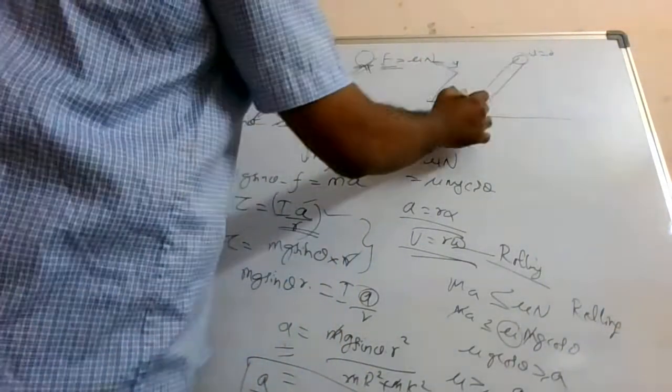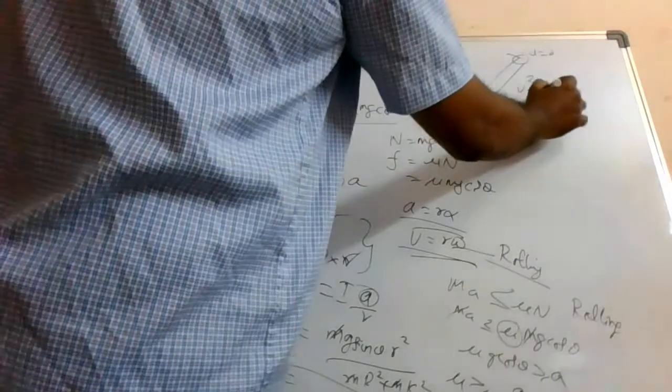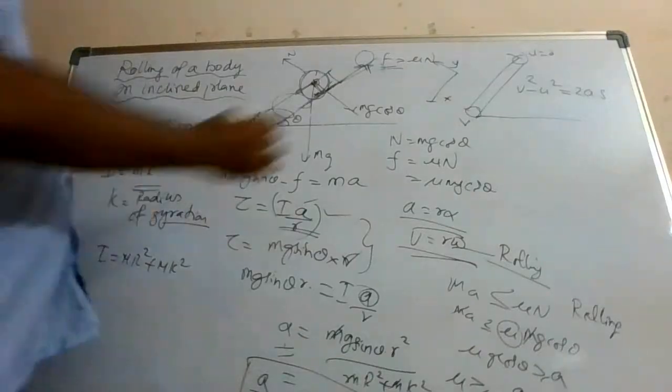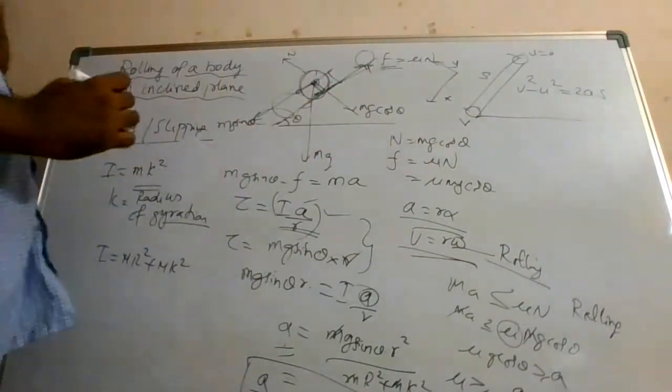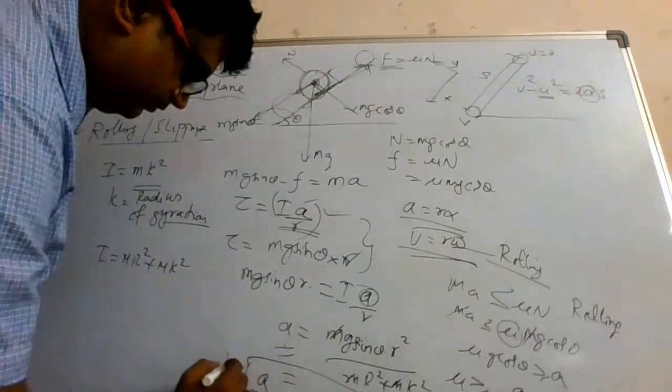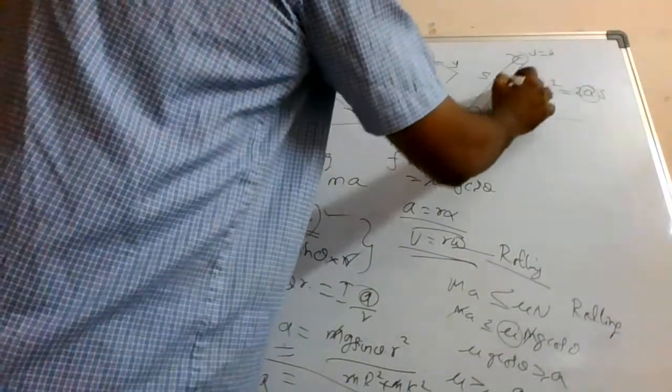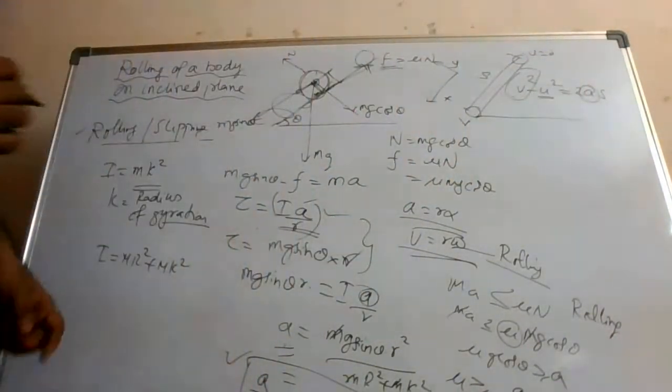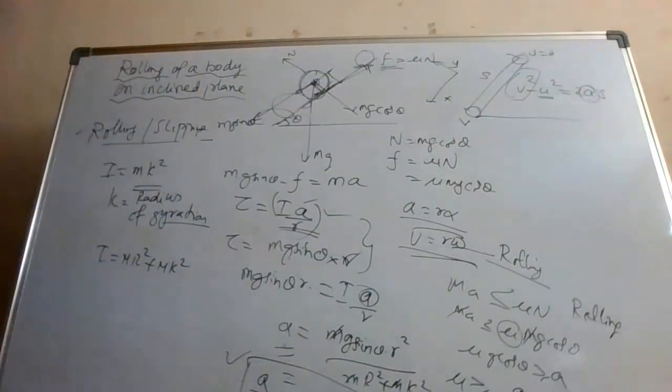If you know this slant distance, can't we apply v square minus u square is equal to 2as? This inclined distance is s, u is 0, and a is this value. So we can work out the speed with which it will reach the bottom. If any question is asked on that, we can do it.